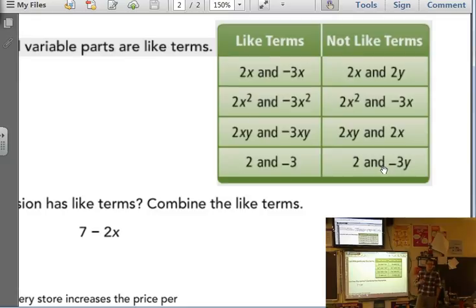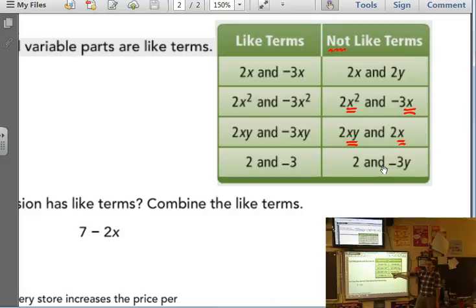Again, like terms, same variable and same power. So here's your example. Even though both of these have an x value, they have different powers. They are not like terms. If they both have an x in them, but one has xy and the other has x, they don't have the same variable parts.